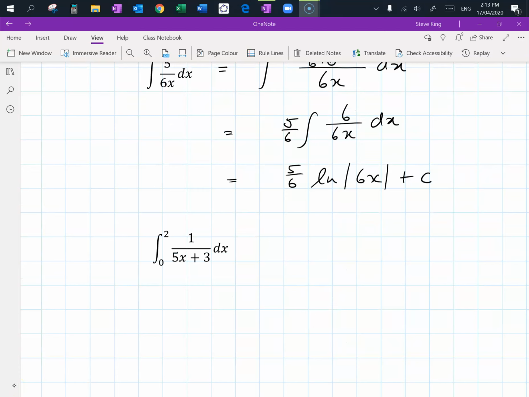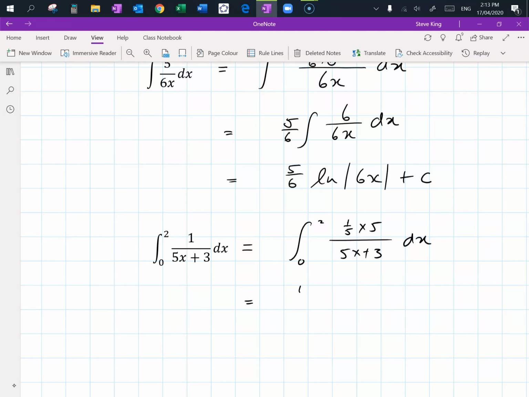And finally, to round something off, we'll look at a definite integral. So here we've got the definite integral between 0 and 2 of 1 over 5x plus 3 dx. As we've done before, we're going to write this as the integral between 0 and 2 of 1/5 times 5 over 5x plus 3 dx.